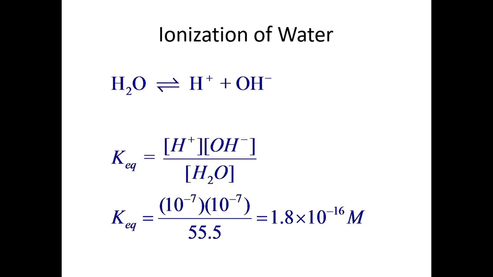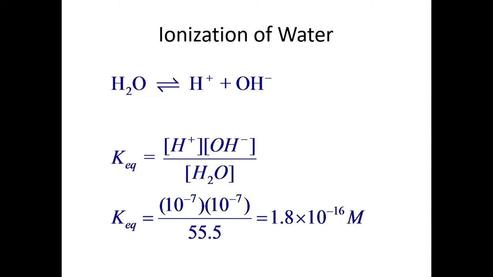So let's take a look at the ionization of water. So as we just saw, water can react with another water molecule, or as shown here, it's just shown the dissociation of the water molecule into hydrogen ion and hydroxide ion.